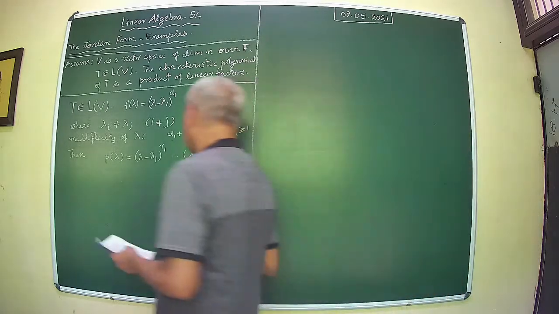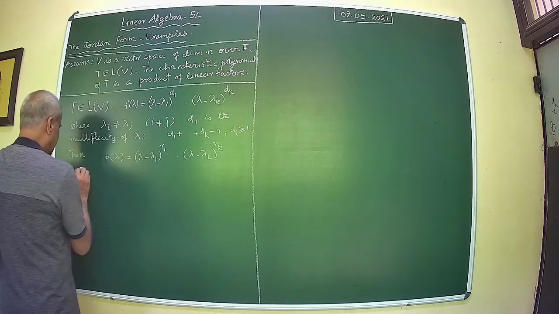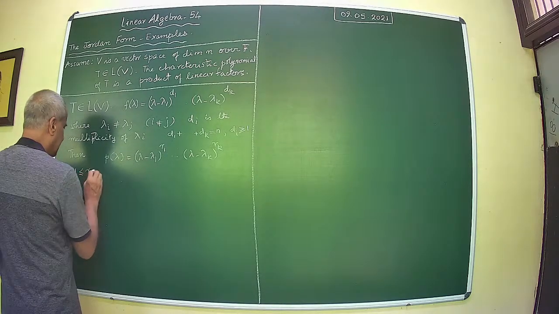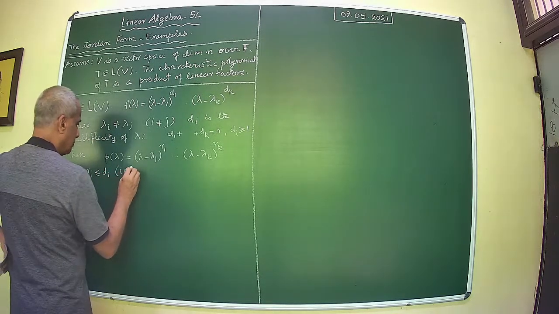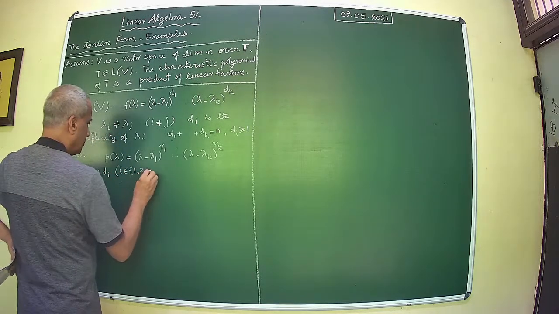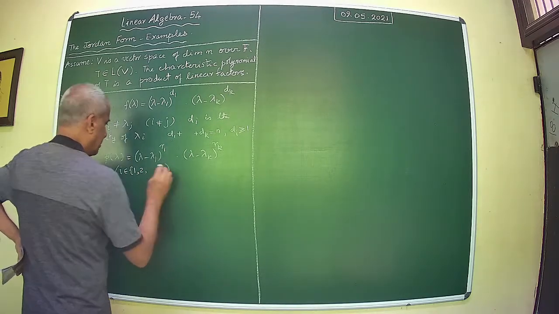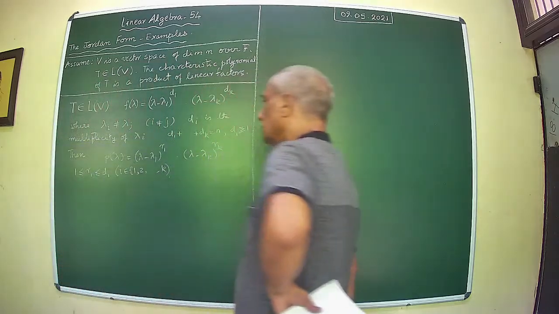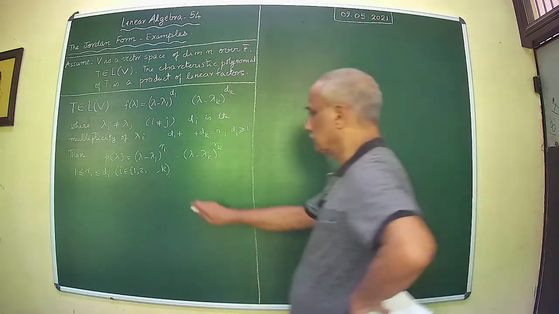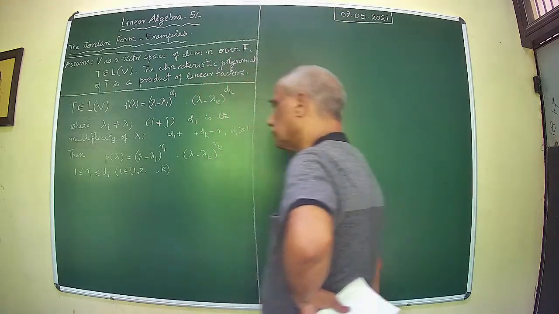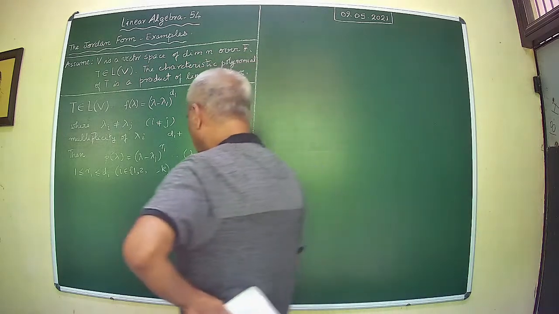Here we have 1 less than or equal to Ri less than or equal to di for every i. You know that the minimal polynomial divides the characteristic polynomial, and they have the same zeros.